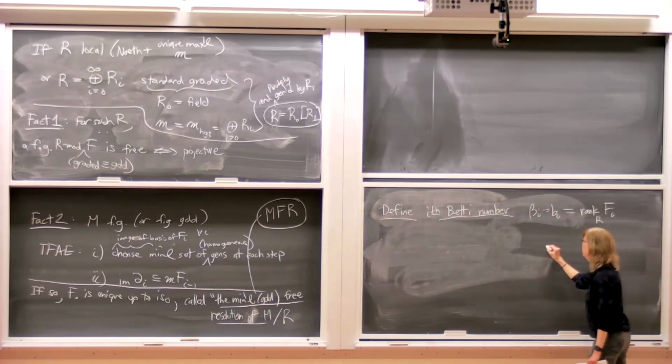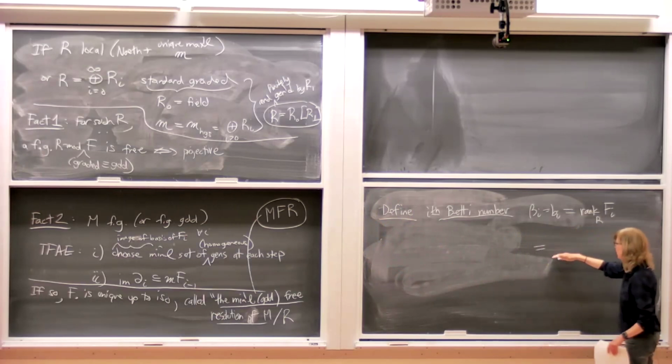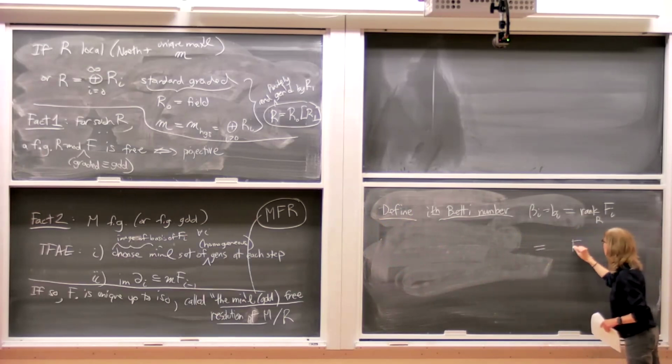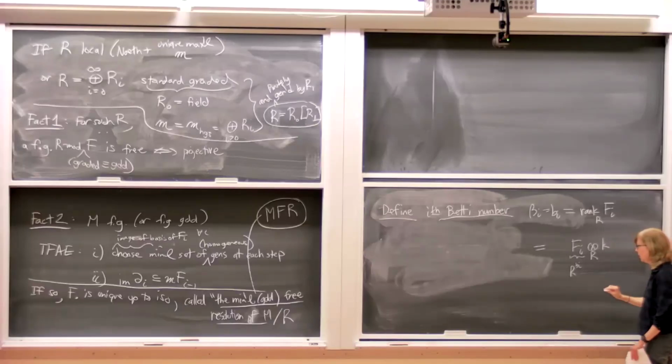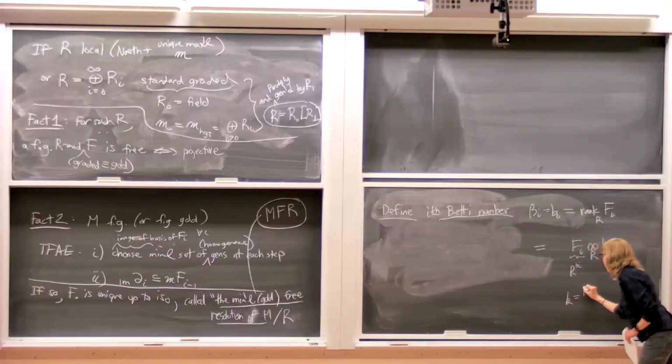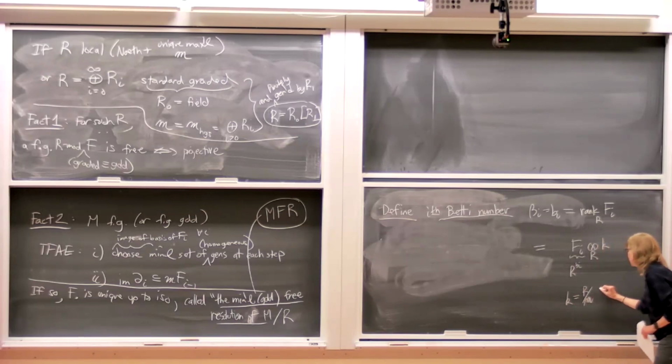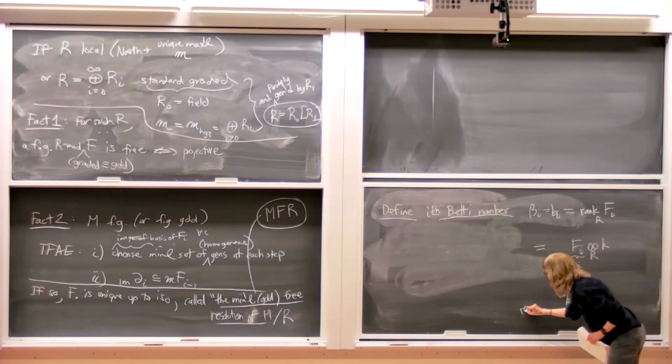Okay. But before I move on, I'll tell you that there are several ways to talk about this. So another way to talk about it is, so leave a little space here, but if you take F_i, and this is like R to the b_i, right? And you tensor it over R with k, where k is R mod that maximal ideal. This is called the residue field.